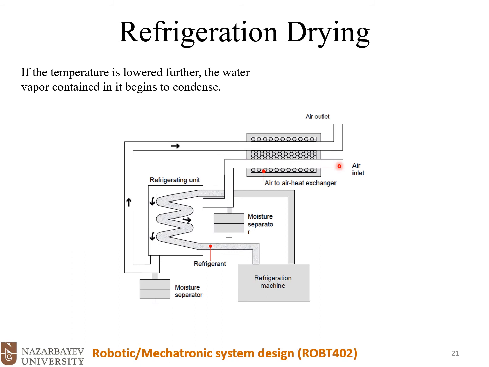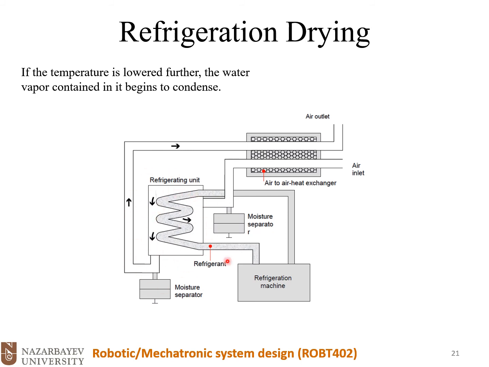Okay, so we have the air input here, and we have the refrigerating unit here. So the refrigerating unit, or refrigeration machine, will drop the temperature inside this chamber. Okay, so now we have cold air here.